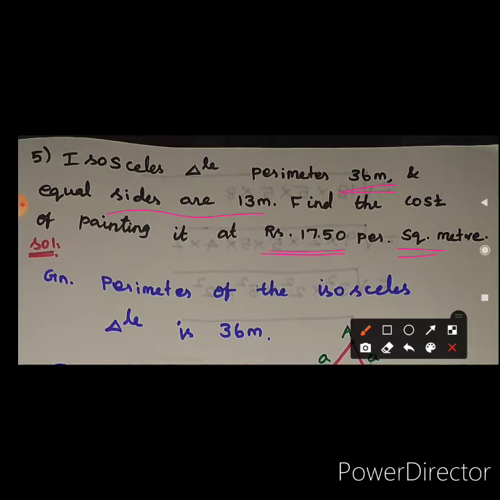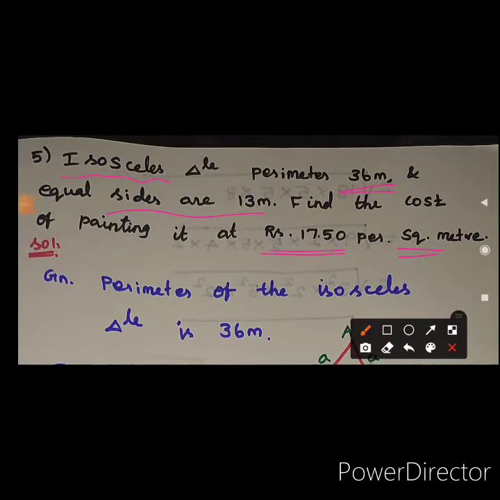Exercise 7.1, fifth sum. This triangle is isosceles, this is important. Isosceles triangle perimeter is 36 meter and equal sides are 13 meter. Find the cost of painting it at rupees 17.50 per square meter.